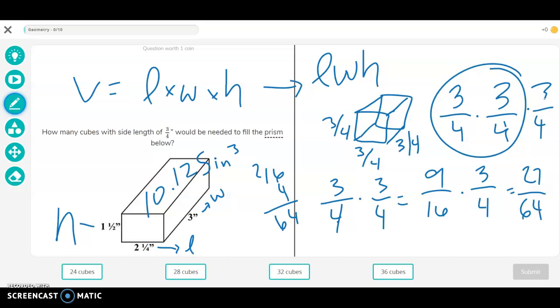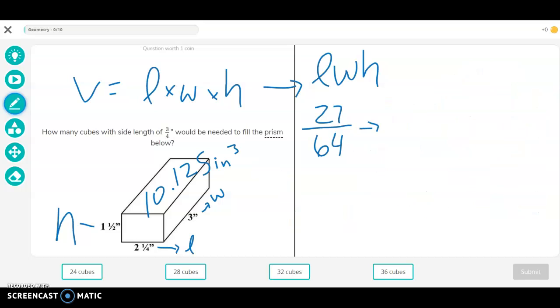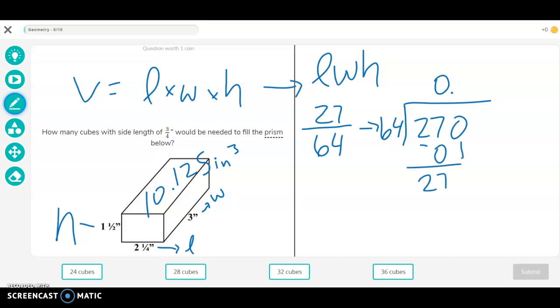Okay. Now I'm going to solve this as a decimal. So 27 on the inside. Remember, numerator inside, and 64 on the outside. Well, we know 64 is not going to go into 27, so we can put our 0 in our decimal, subtract, and add our 0 behind.